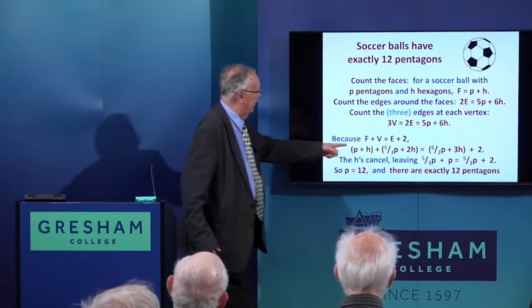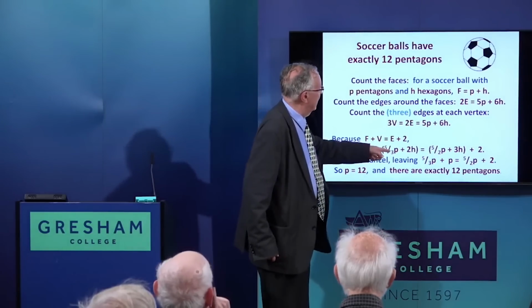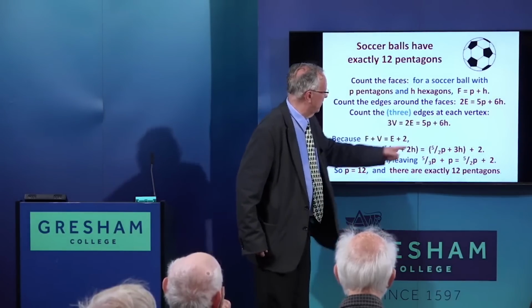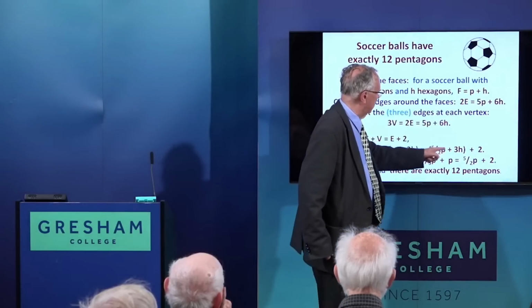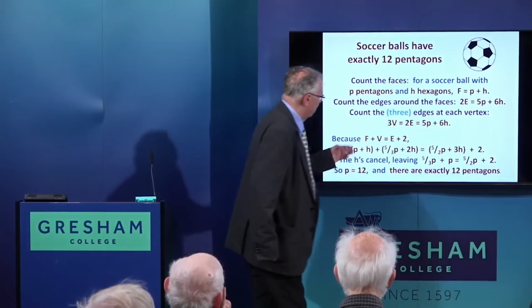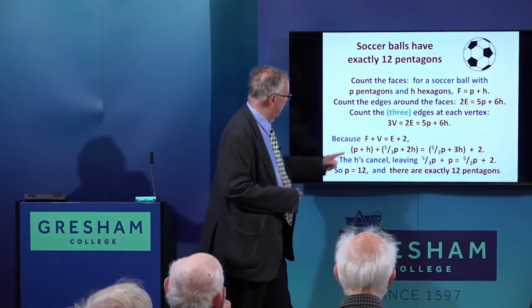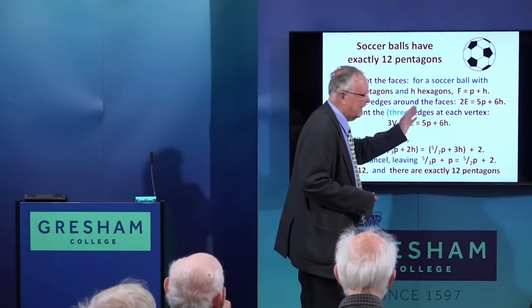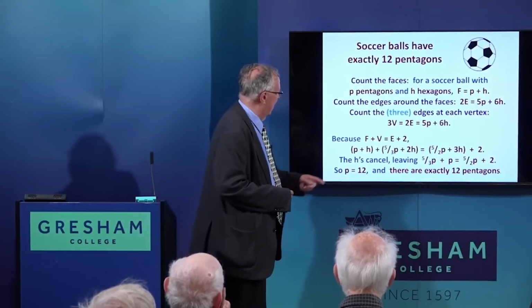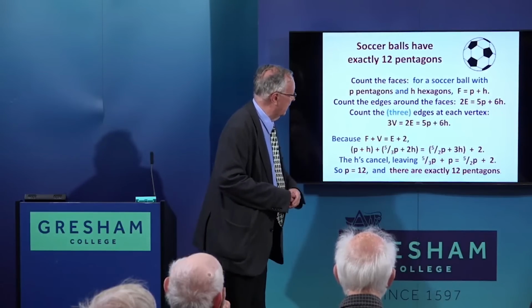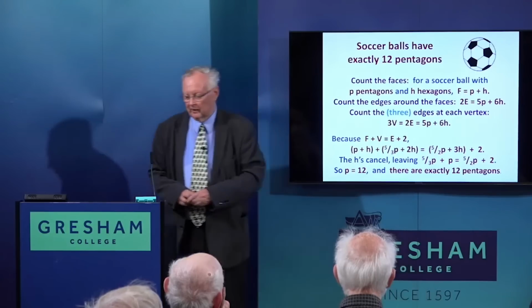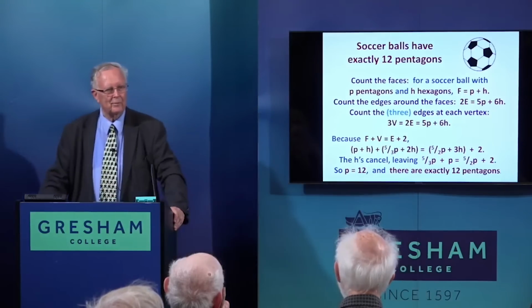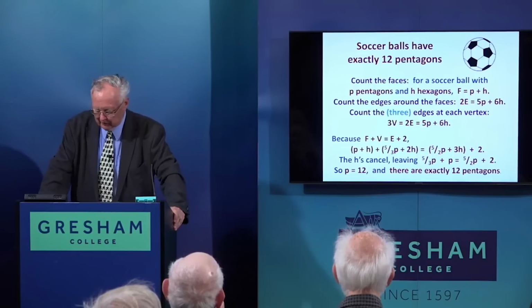So here's f. v is a third of this, e is a half of this, plus 2. So there's that formula there. Well, fortunately, h plus 2h and 3h, they cancel. And that leaves an equation which you can solve to give p equals 12, so there must be exactly 12 pentagons. So we've proved the result.